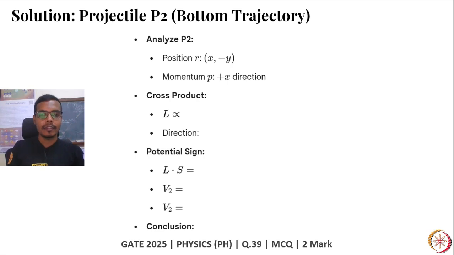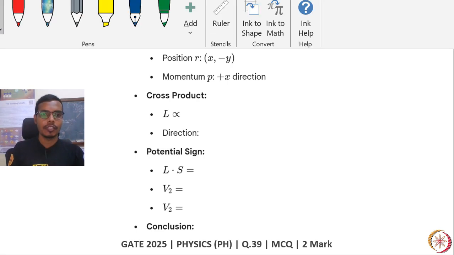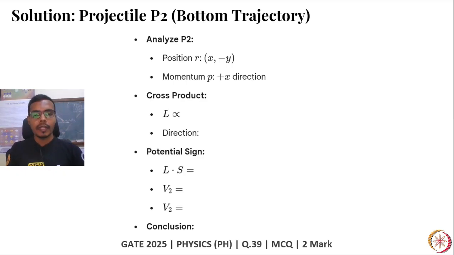Now let's analyze projectile P2, same as we just did for P1. It travels below the target, so it has a negative y component, as you can see in the diagram. Let us check the right hand rule again. R points down, that is minus y, and P points right, that is plus x.